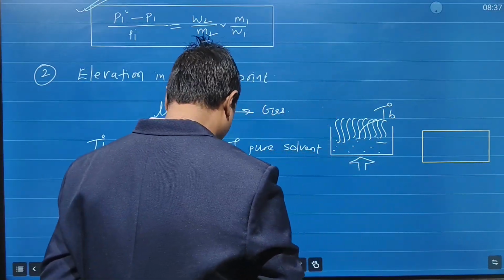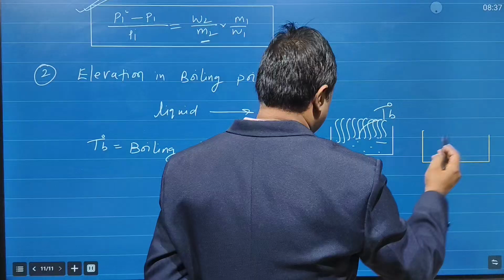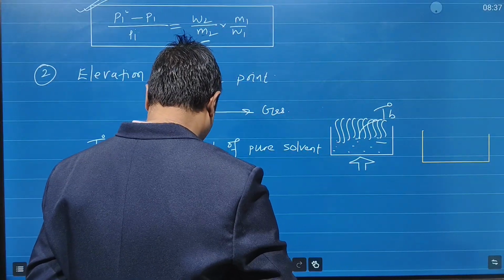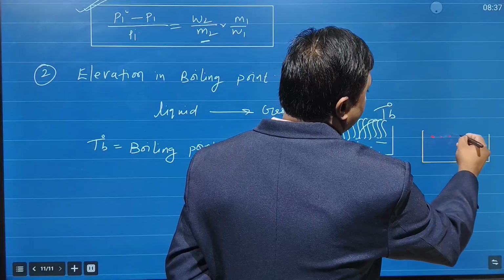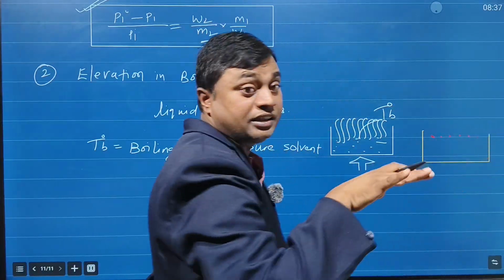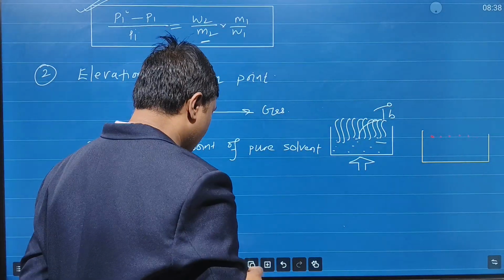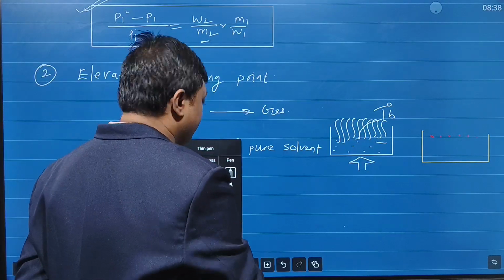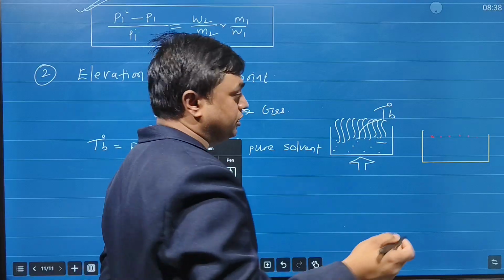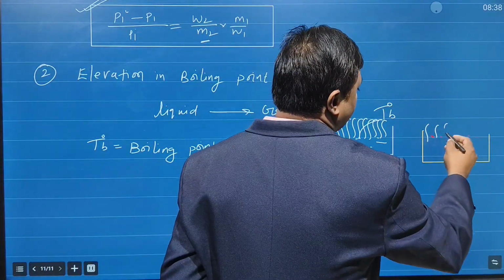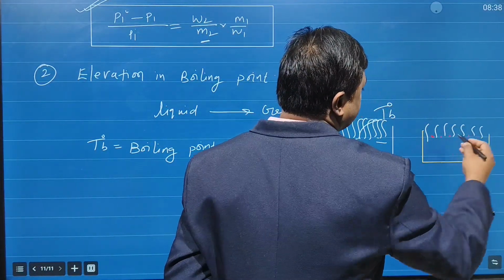If you add a non-volatile solute, like glucose, non-volatile solute means it will not convert into vapor. It will occupy the surface of the water or solvent. So wherever it is available, from there vapor is not generated. So here the vapor pressure will be decreased.